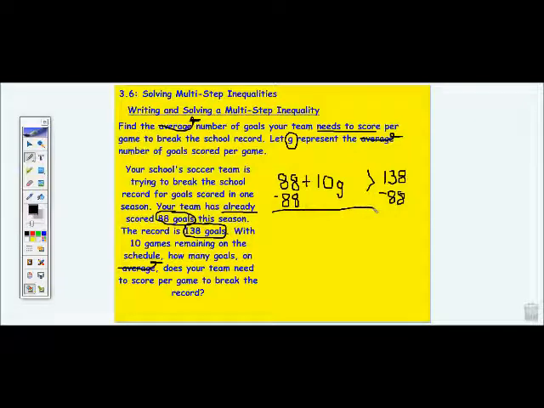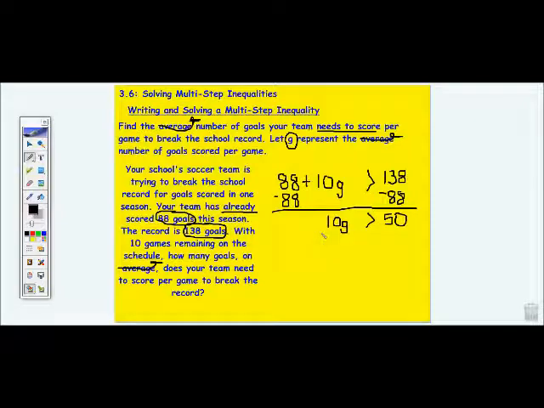And when we do so, we're going to make an equal sign because we are computing going down all the way across. 138 minus 88 would give us 50. Keep your inequality the same. We did not do any multiplying or dividing by negative. And on the left side, we still have our coefficient and our variable.